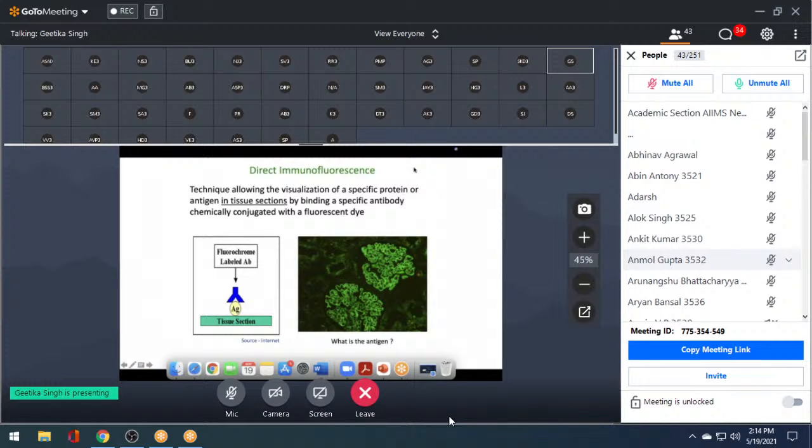Is that what I'm looking at when I do a DIF? What do you think? Antibodies or complements. Yes, absolutely right.